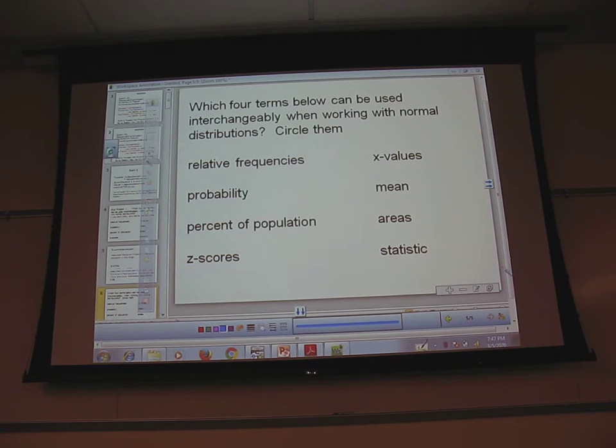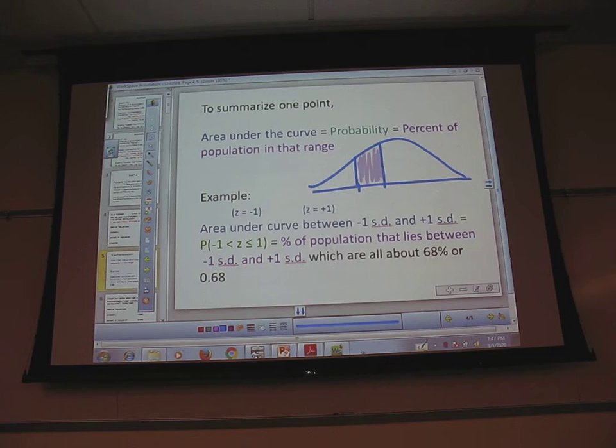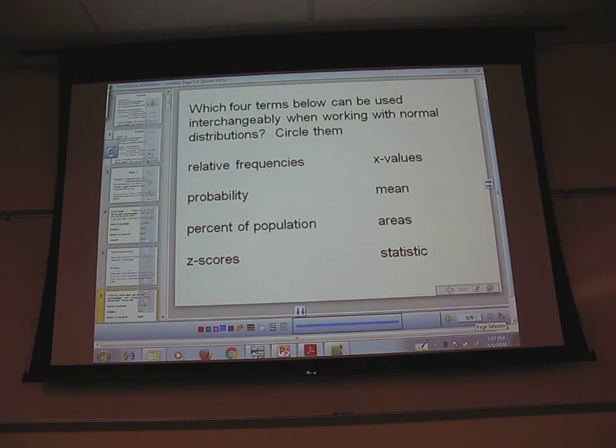All right, what's one of them? Someone give me one of them. Probability. Okay, so again, to summarize, one point: what equals what equals what? Area, probability. Yeah.